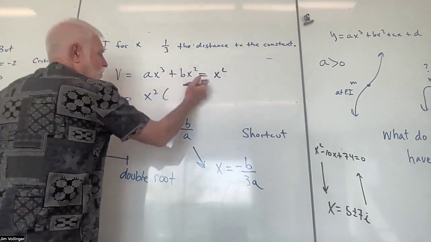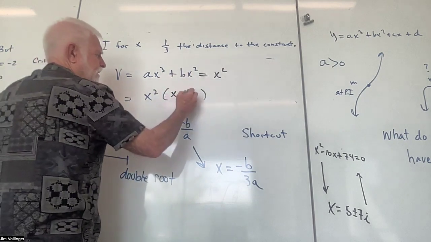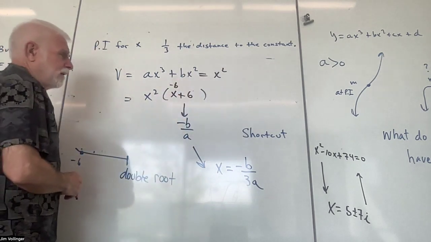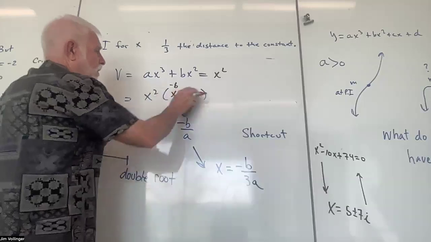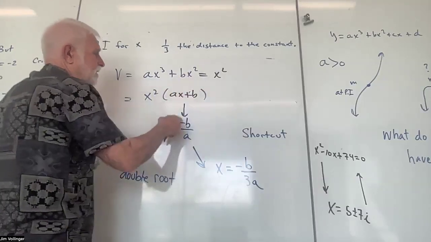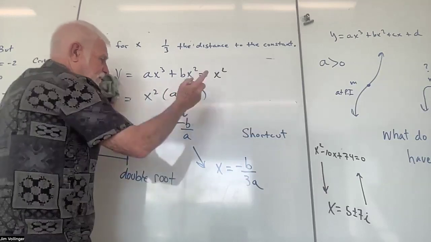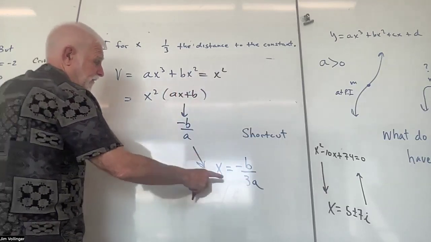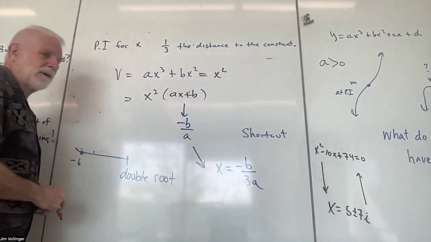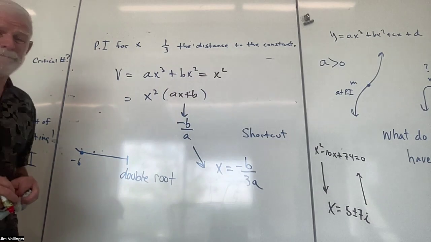Remember, a little while ago, we had x plus 6, and we used -6 as our reference. And now that makes it 0. So what makes it 0 for ax plus b? Minus b over a. The a's cancel, the b's cancel. So that's my putty. And if I divide it by 3, then I've got the x value of the point of inflection very, very easily.